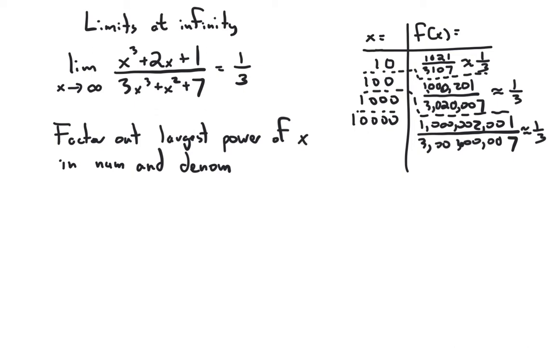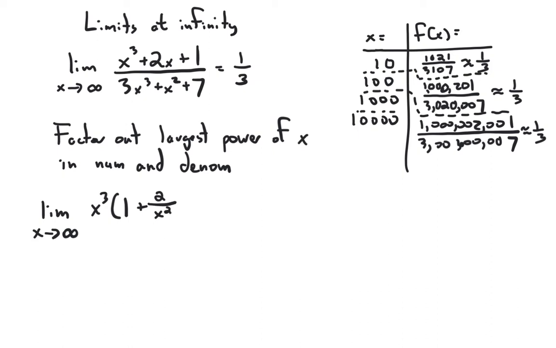So I'm going to rewrite this as the limit as x approaches infinity of, I'm going to factor out an x cubed in my numerator first. So that leaves me with 1 in that term. In this term, I only have 1x. So if I factor out x cubed, then I'm missing x squared, so I can write this as 2 over x squared.